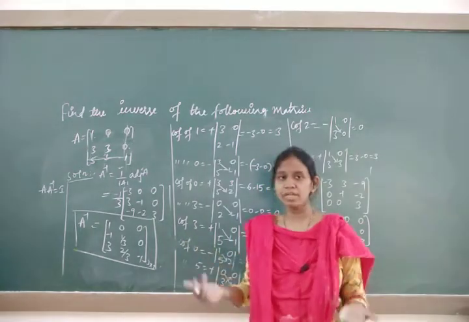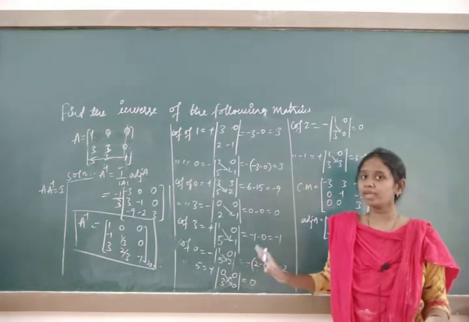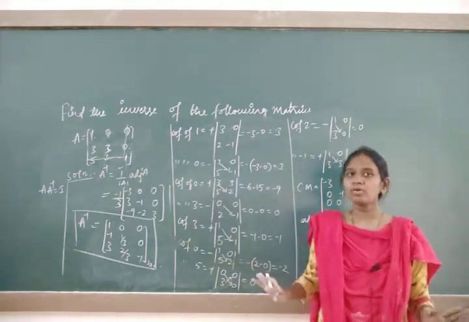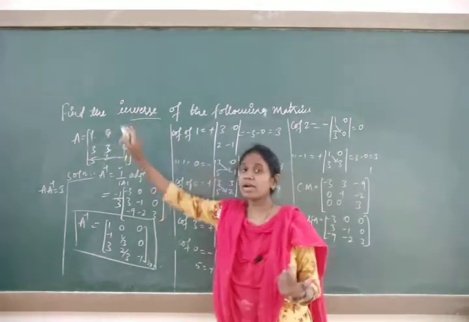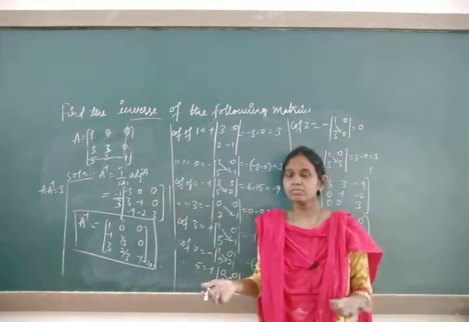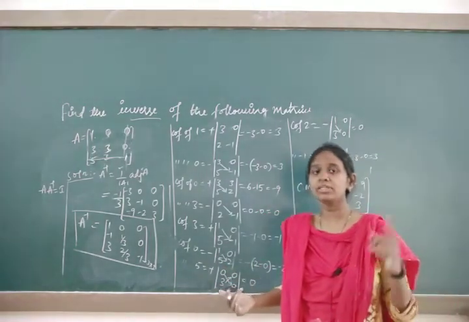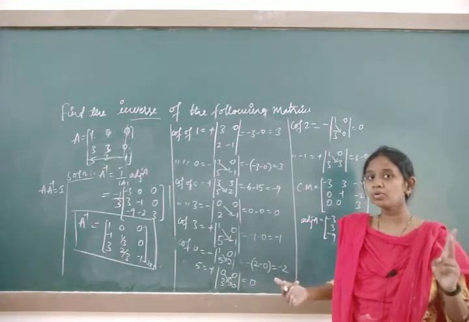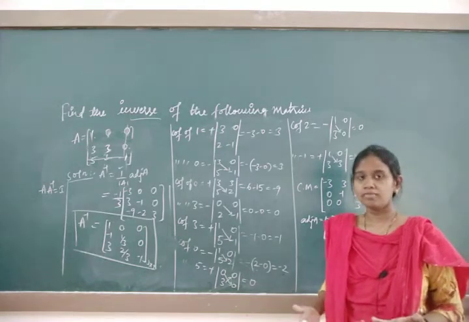There we need the inverse. Because of that we should have the knowledge of how to find A inverse. But you are not going to face this type of problem in your examination with a heading like find inverse. You are going to face problems based on inverse with the condition of elementary row or column for order 2 cross 2.